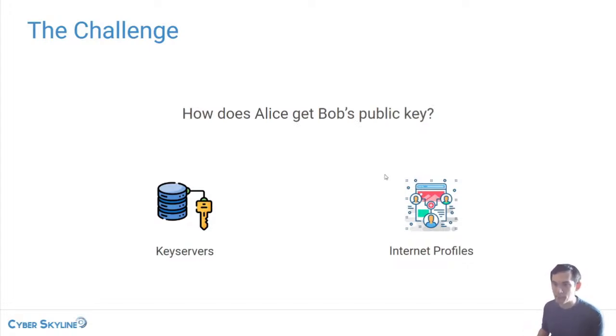The more that overlap, the more Alice can be certain that she has the right key for Bob. But she can never be sure. It's just the level of comfort, the level of trust. So that is how key servers work in a nutshell.